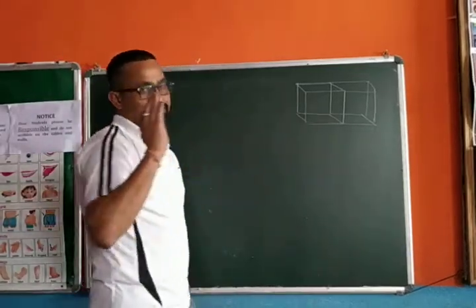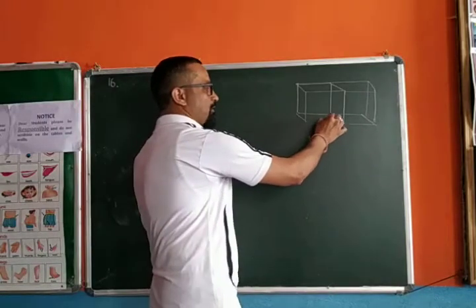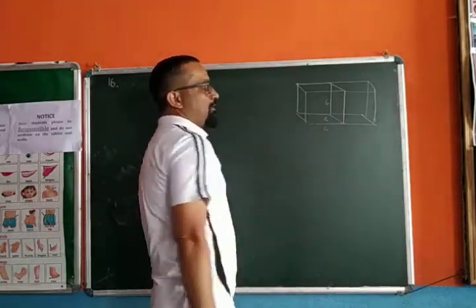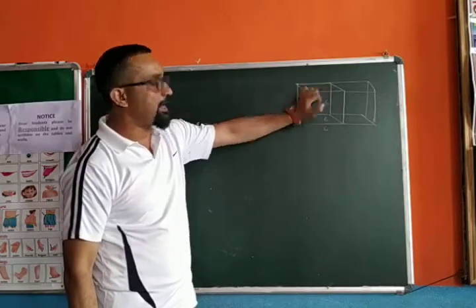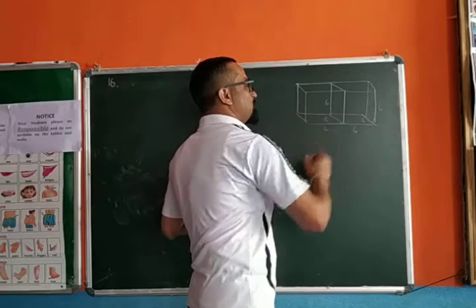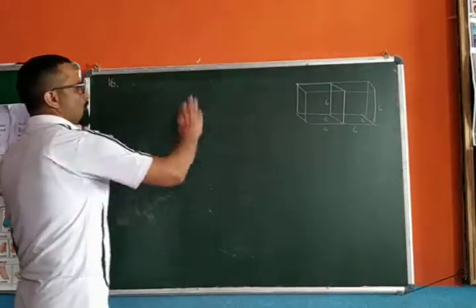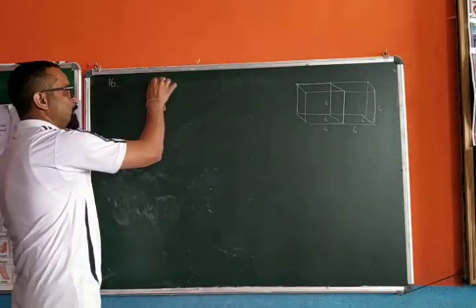I'm taking the side of the cube as 6: length is 6, breadth is 6, height is 6. Similarly you have 6, 6, 6. So when two cubes are joined together, you get a cuboid. So write cuboid.